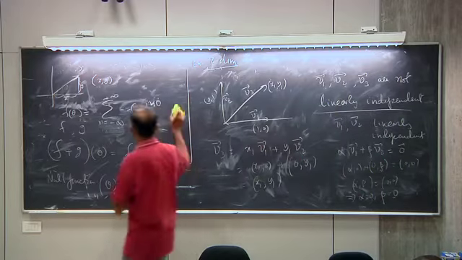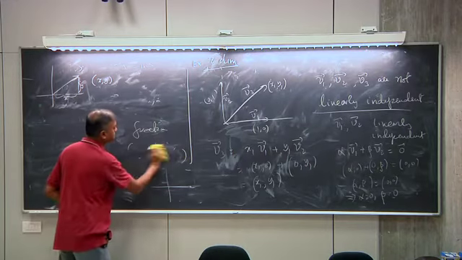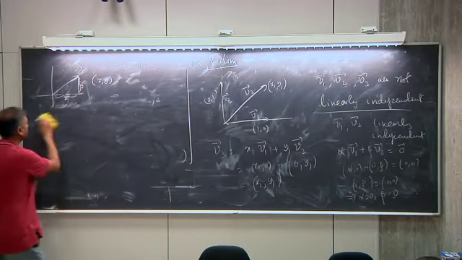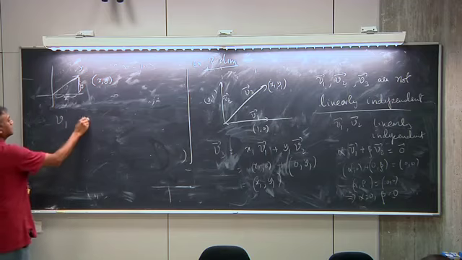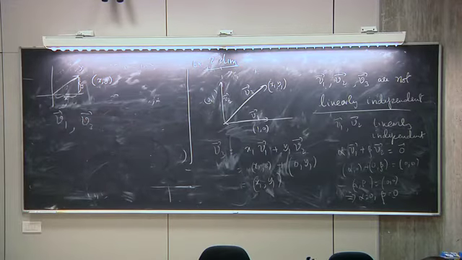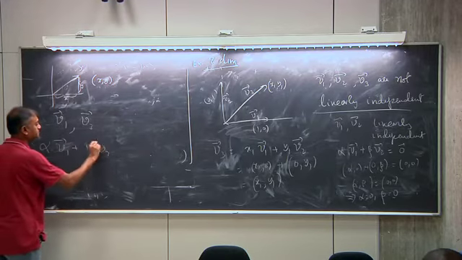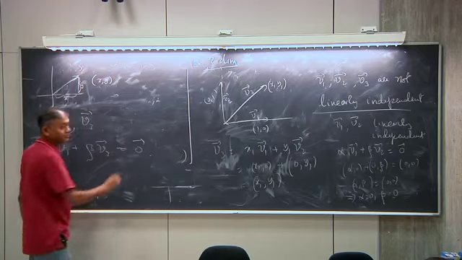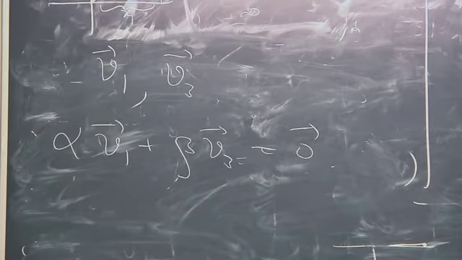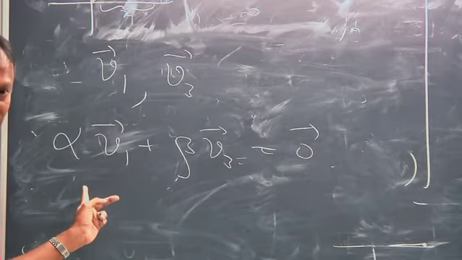In fact, V1 and V2 may look very simple, but consider V1 and V3. Are they linearly independent or not? So again, let's look at this equation: alpha V1 plus beta V3 equal to 0, the null vector. Let's see, is there any non-trivial solution? Is there any non-zero solution for alpha and beta?